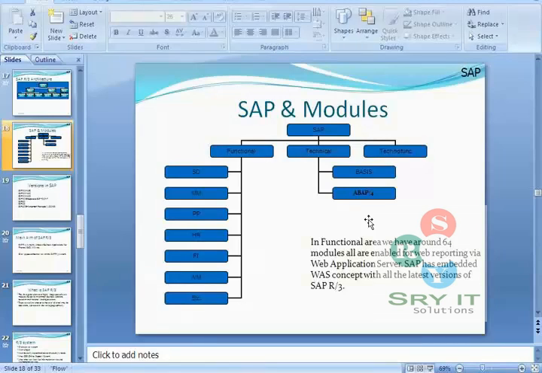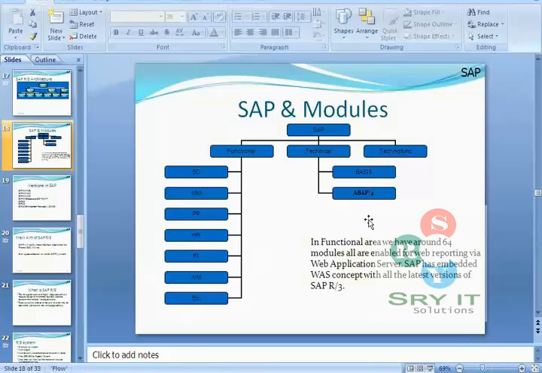Basically HR, as well as certain kinds of reports they want to generate at internet level. This is a technical module they can use for that. That's EP, Enterprise Portal.